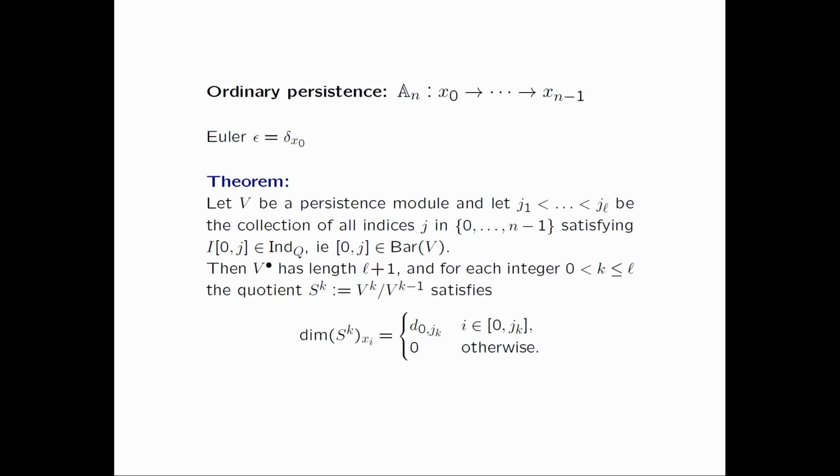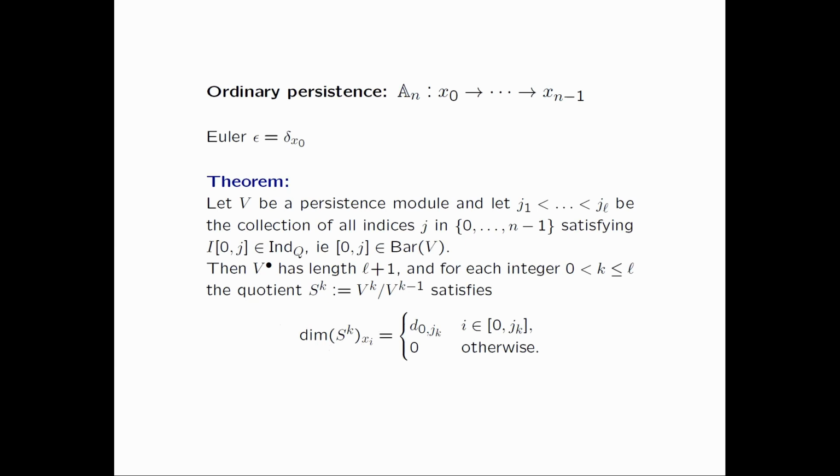And the theorem is that indeed what you get is the dimension of these sub-quotients, so S_k is a k sub-quotient, at vertex x_i, and this evaluates to the number of bars in my representation that go from 0 beyond x_i, maybe it's j_k.